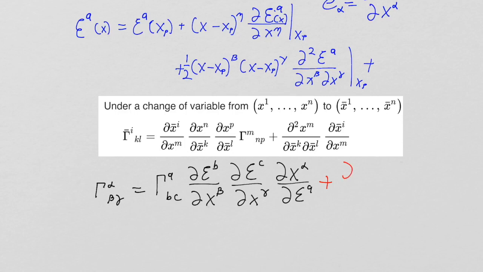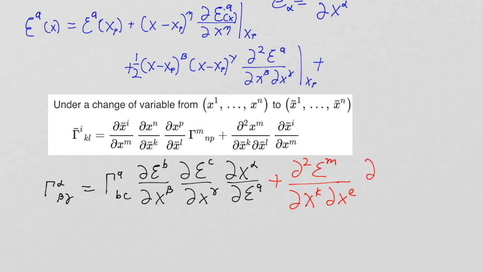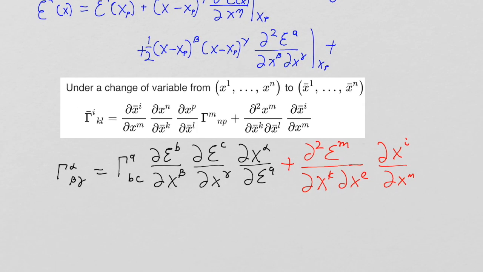This is going to be the second derivative of the inertial at P coordinates, which I'll just use the same indices that they used in the formula, m, and then partial x^k, partial x^l, and then it's partial x^i, partial x^m. And this better sum up to something with just, it has to have three indices.